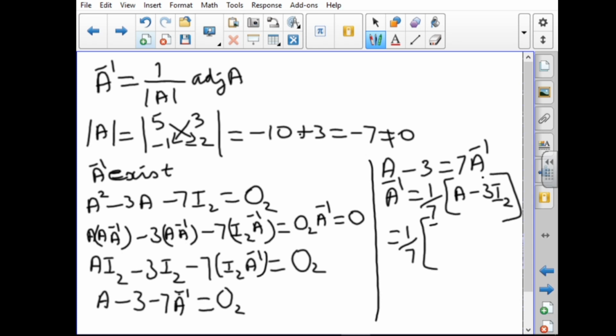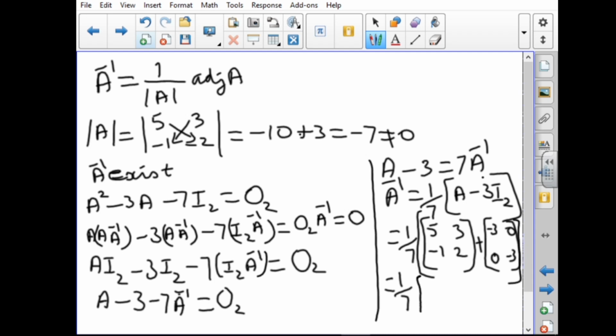So this is equal to 1 by 7 into A. So A is 5, 3, minus 1, 2, minus, or we can also take it as plus and take minus 3 inside. I2 is 1, 0, 0, 1. So minus 3, 0, 0, minus 3. So now this is equal to 1 by 7, 1 by 7 the whole into.